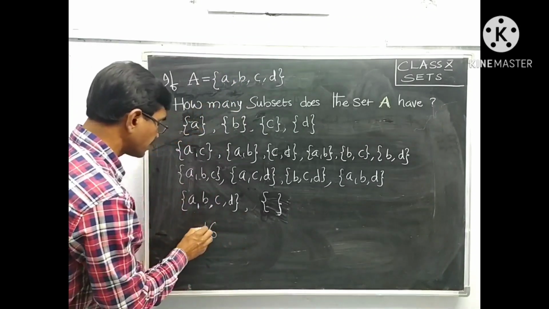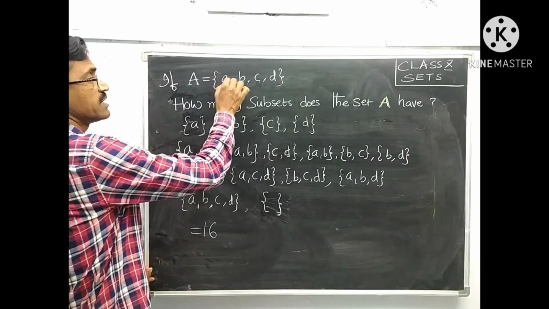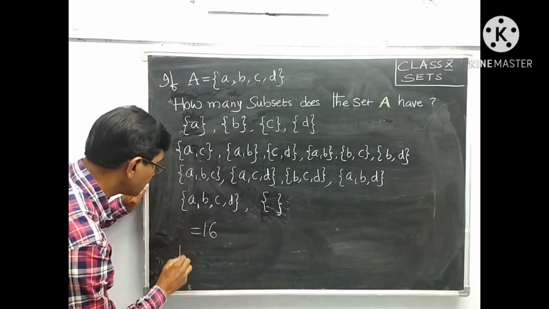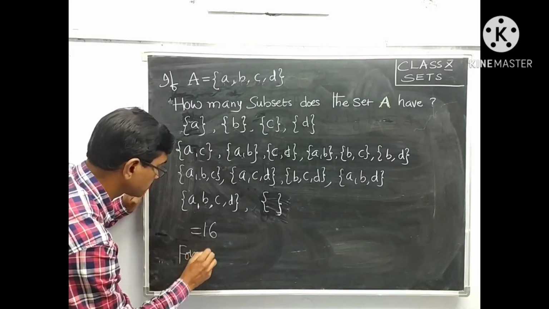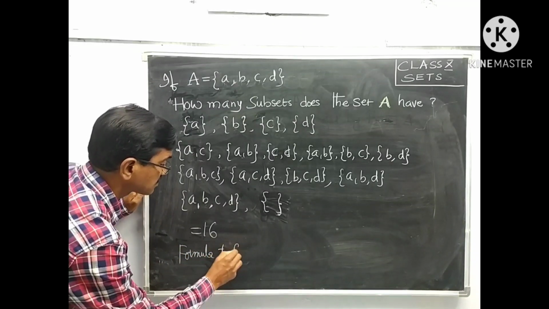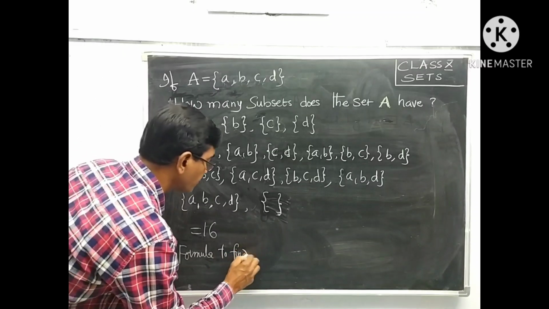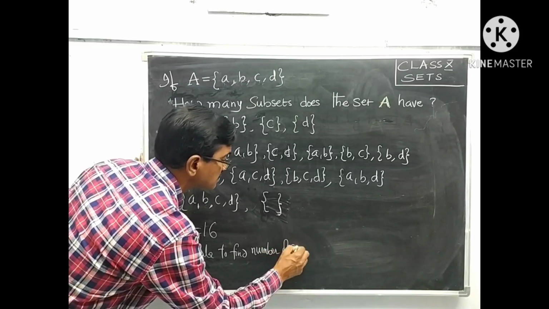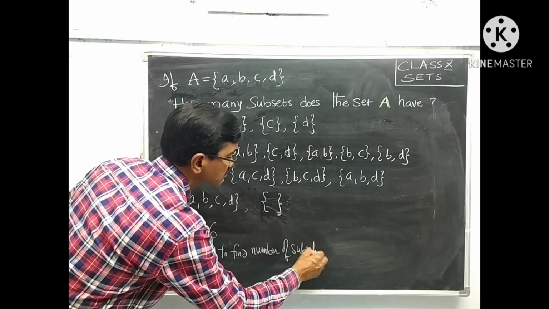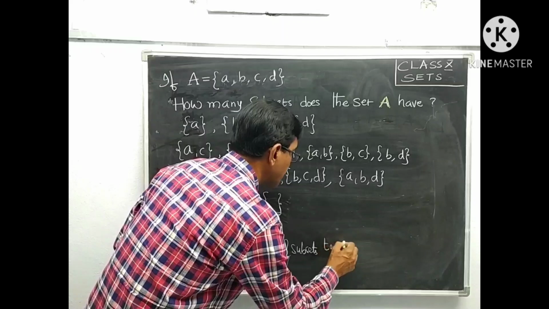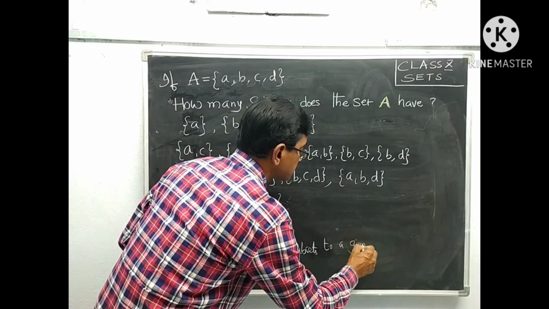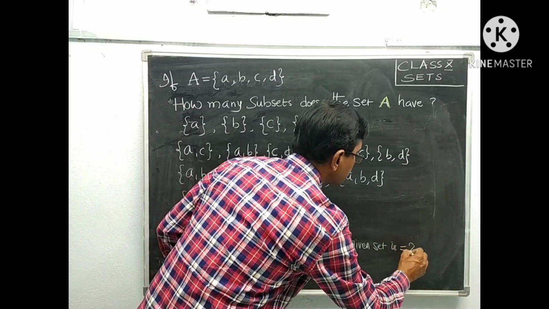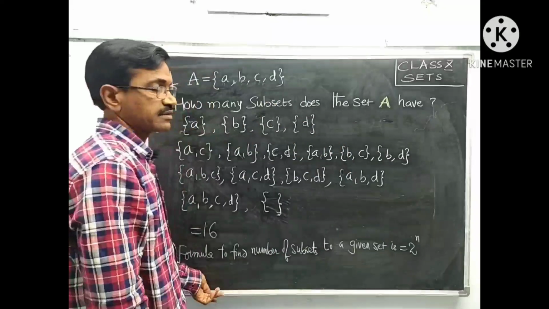So there is a formula to find the number of subsets of a given set. The number of subsets of a given set is 2 to the power of n, 2 raised to the power of n.